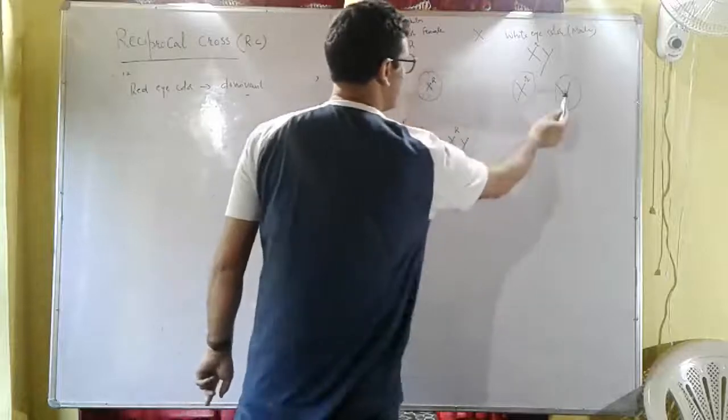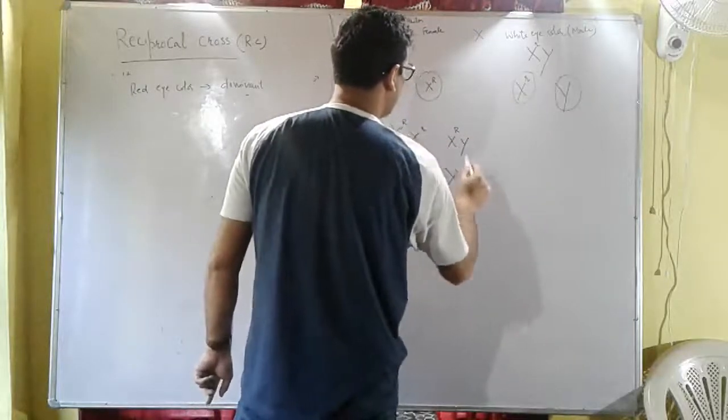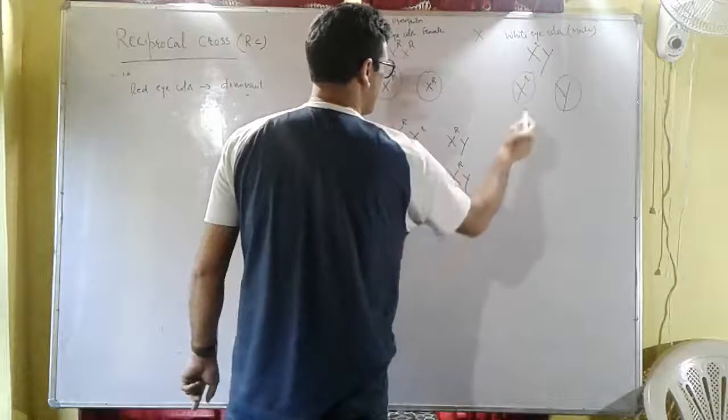Then we take capital X capital R with capital Y. Then we take the other, capital X capital R with small X small r, and then this one and this one, capital X capital R with capital Y.